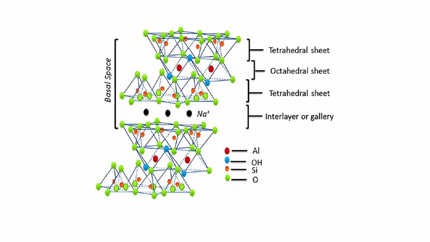Now, when a silica tetrahedron sheet comes in contact with octahedron sheet, the negatively charged oxygen ion from tetrahedron replaces the hydroxyl ion from octahedron, thereby bonding with each other very strongly. This replacement of hydroxyl ion takes place due to the high electronegativity of an oxygen atom.